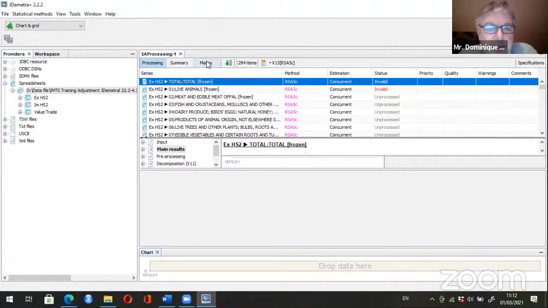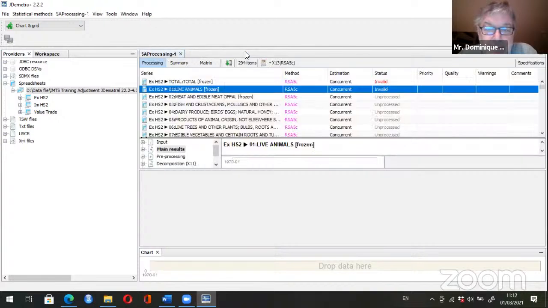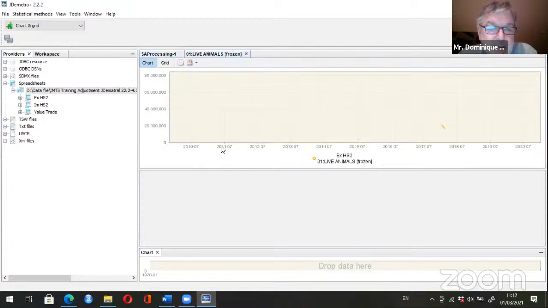If you want to do the chart, you can double click on it. So you have nothing. Yes, the series is empty. You see that you just have data in 2017.